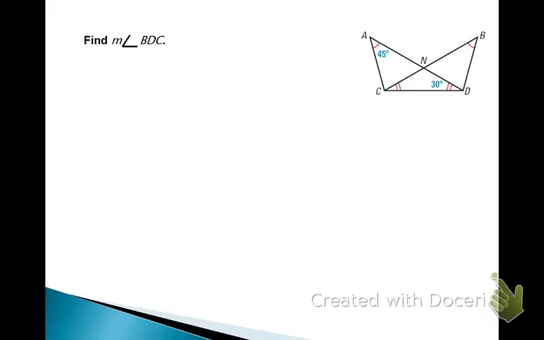So it says find angle BDC. Alright, so if I'm going to find BDC, first of all, as marked in the figure, what can I say about the angles? Yeah, we've got some congruent angles. Because of the markings, I could call this angle 30, and I could call angle B 45.